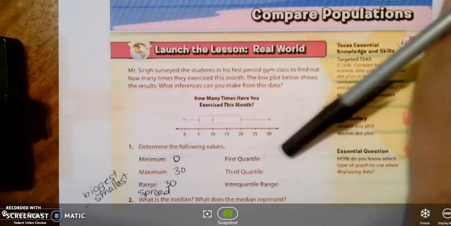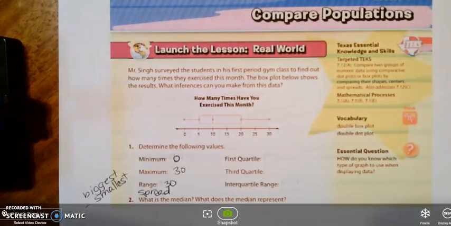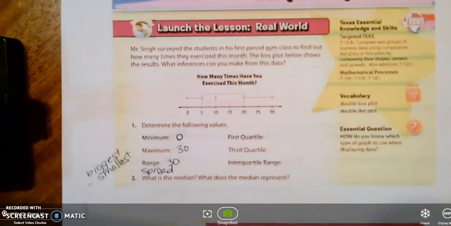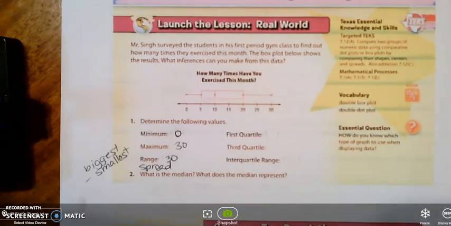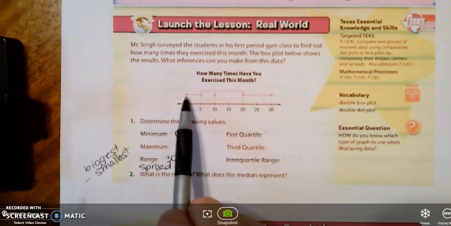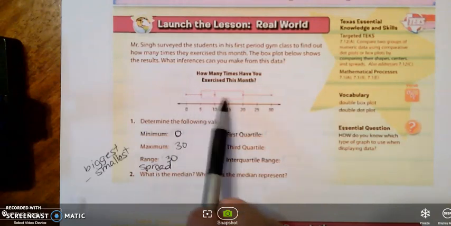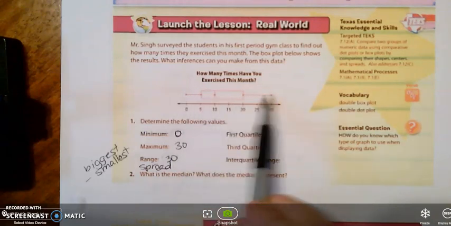Okay, so trying to move this up a little bit. Also, one thing you need to know about your box and whisker plot is they're broken into fourths, and we call those the quartiles. So we have our first quartile, second quartile, third quartile, fourth quartile.